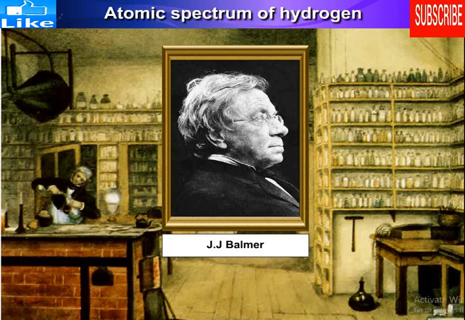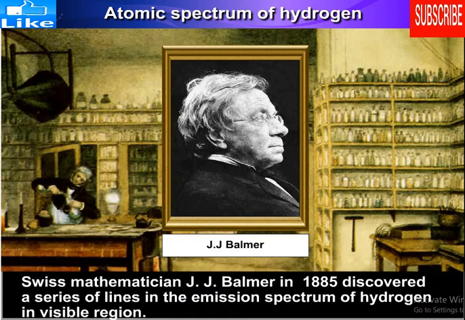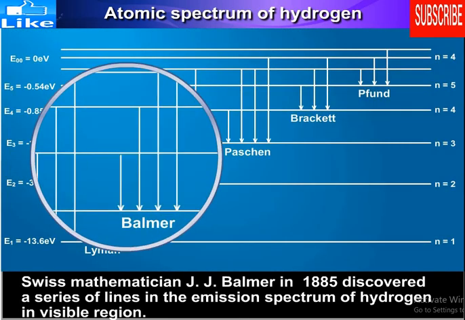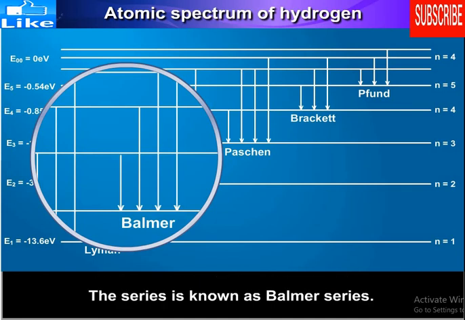Atomic spectrum of hydrogen. Swiss mathematician J. Balmer, in 1885, discovered a series of lines in the emission spectrum of hydrogen, in the visible region. The series is known as Balmer series.